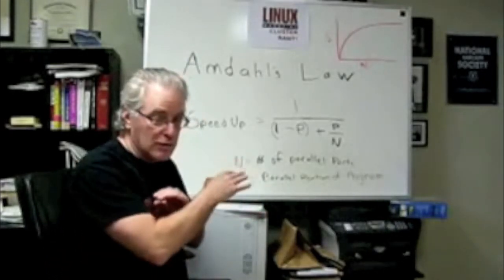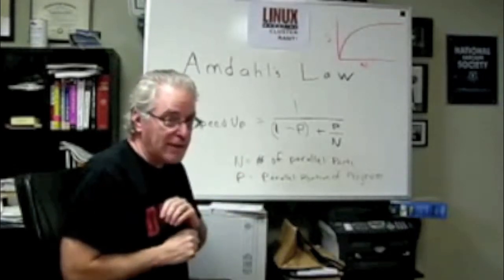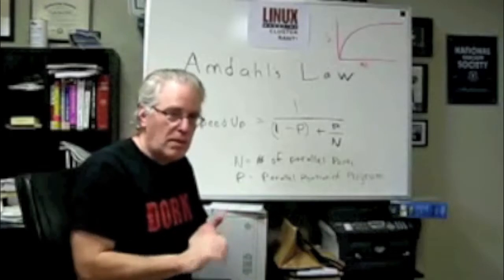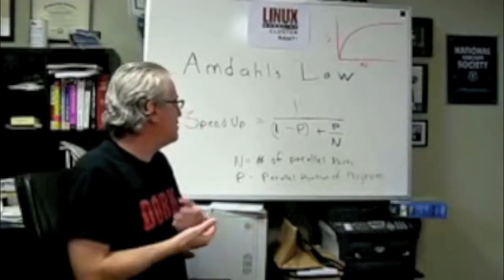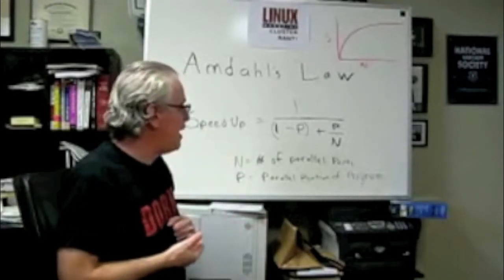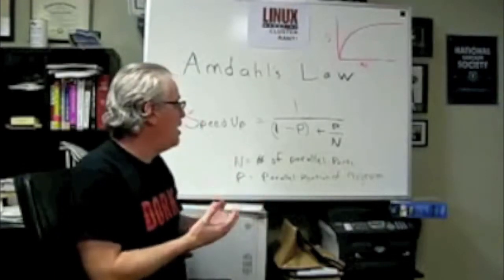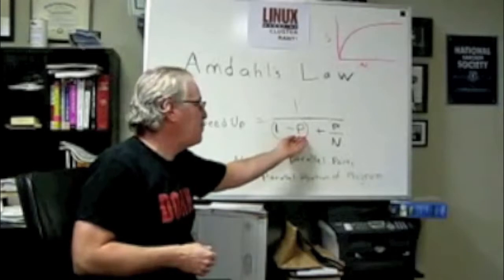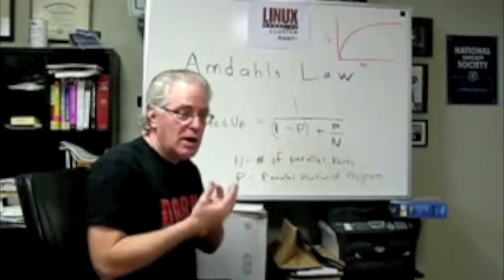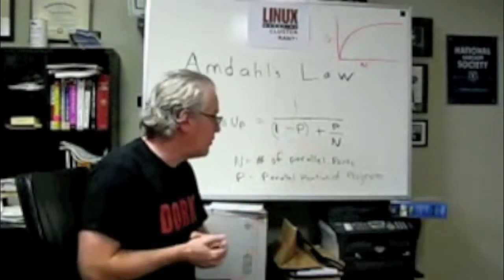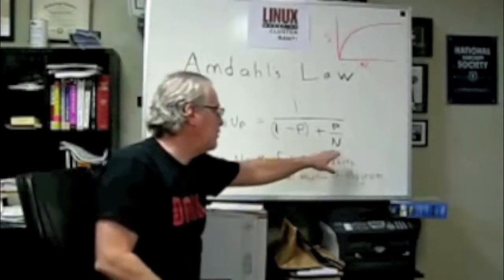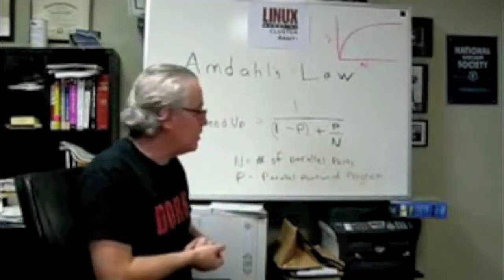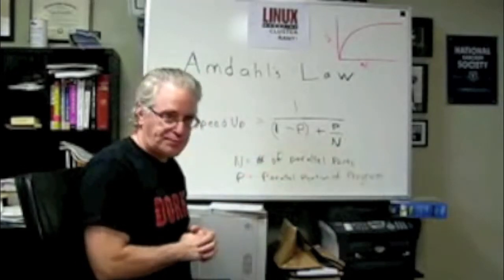What Amdahl's Law is saying is the speedup you can expect depends upon two major issues. One is p, the proportion of parallelism in your program, or concurrency, and the number of processors, or cores, n.